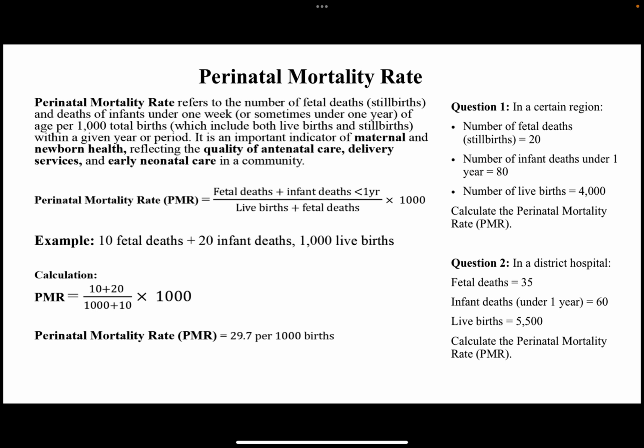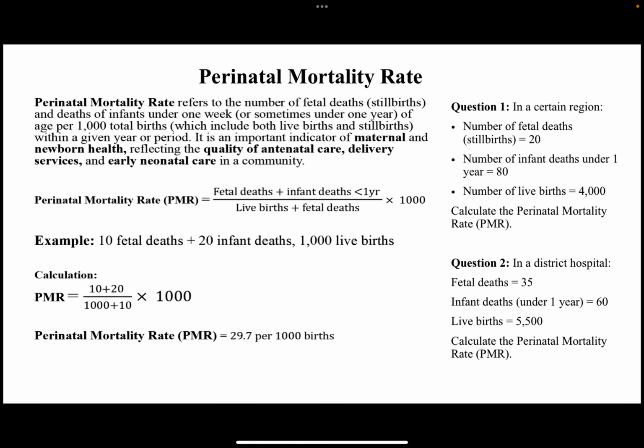Because for you to be able to perform calculation on perinatal mortality, you need the fetal death, and then you also have to get an idea of the early neonatal deaths. And that means the death of live born babies within the first 7 days of life, per 1,000 total births. Okay, and that is both live birth and stillbirth within a given period of time in a population.